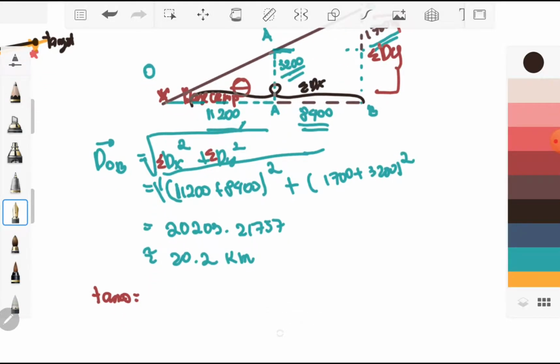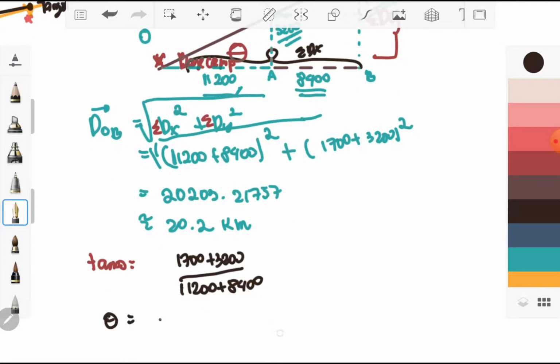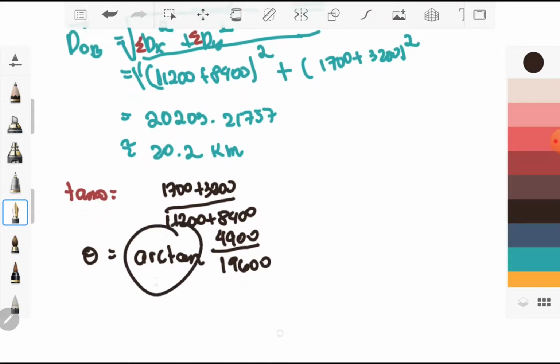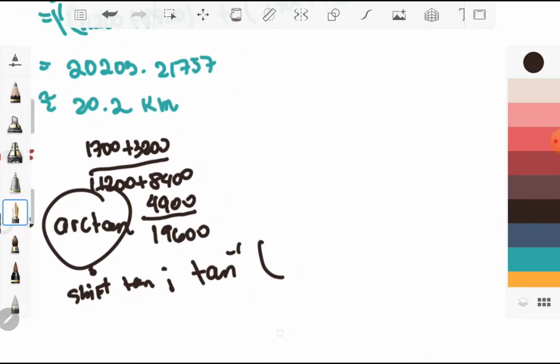So we have tan theta equal to the summation of dy, which is basically equal to 1,700 plus 3,200, all over 11,200 plus 8,400, or your theta is therefore equal to arctan of 17 plus 32, which is equal to 49, divided by 11.2 plus 8.4, which is equal to 19,600. So the arctan is basically equal to shift tan. In your calculus, you'll see it as tan inverse. Okay? Tan inverse of 4,900 over 19,600.